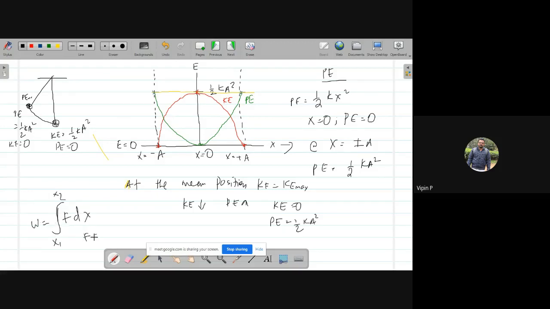And if I substitute F equal to minus kx over here, perform this integration, and then substitute the limits, x1 equal to x2, I can always show that this integral goes to 0. Simple, which is actually a typical feature of conserved systems. Work done over a closed cycle is always 0, right?